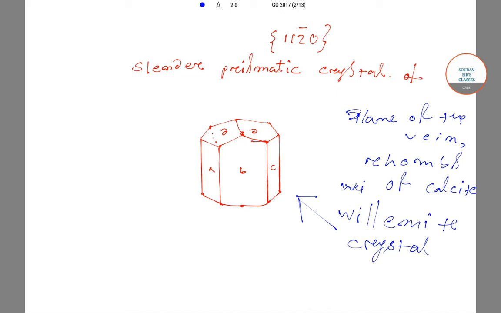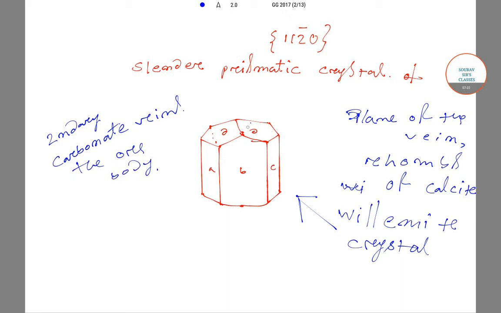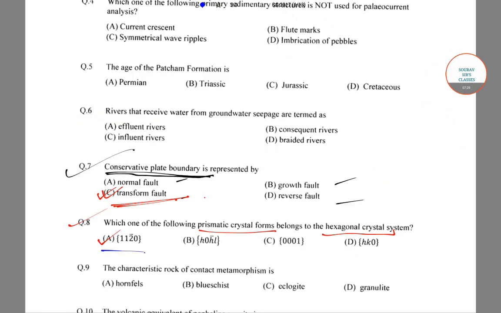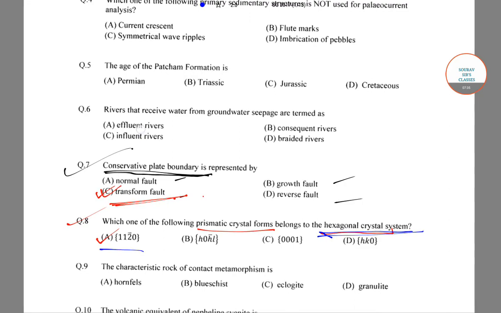Especially, there were numerous secondary carbonate veins which transect the ore body. So that's why we can answer this question: only option A of the prismatic crystal forms belongs to the hexagonal crystal system.